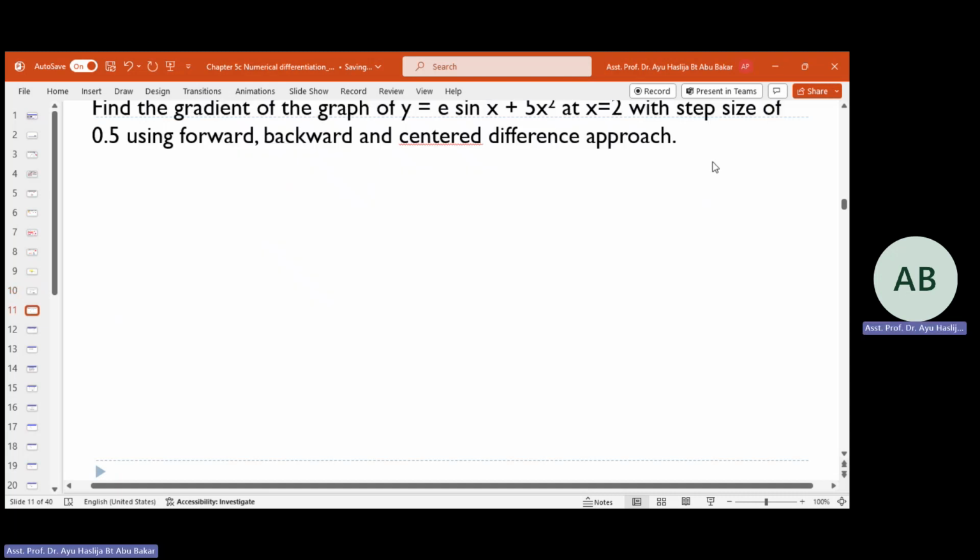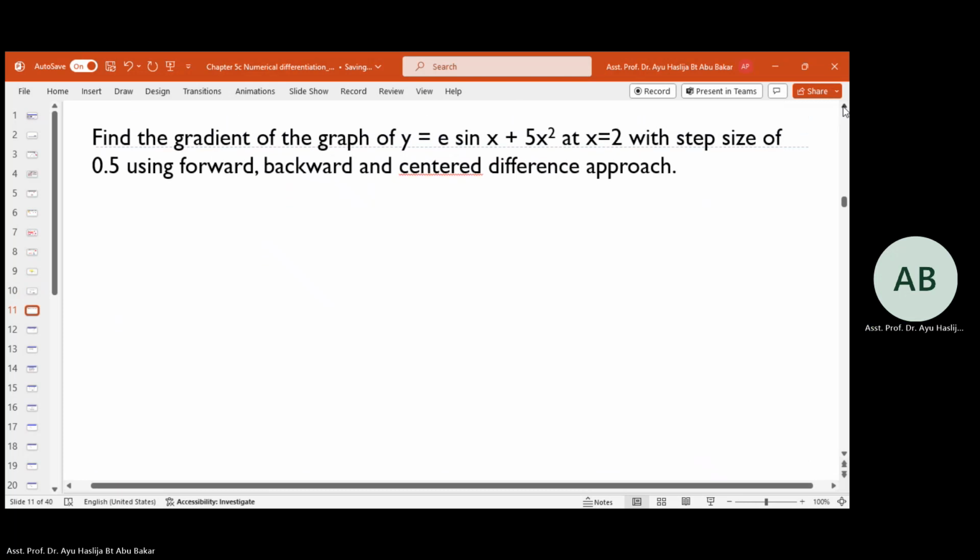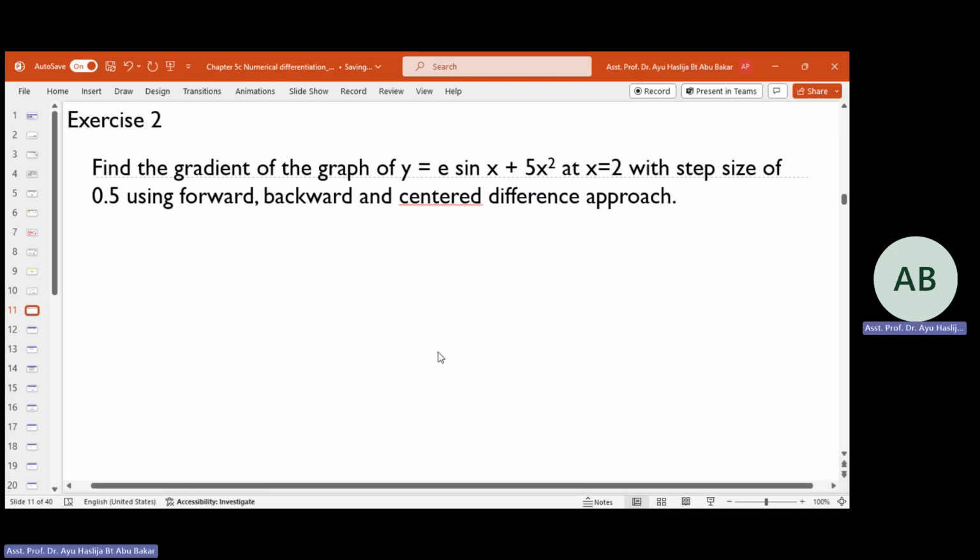Now we try this function. It asks you to find the gradient. So gradient here means the m. m means f prime x of the graph of y equals e to the power sine x plus 5x to the power 2.